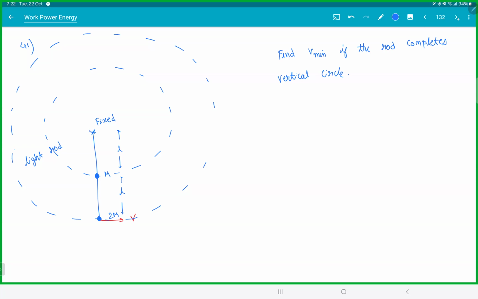We have a light rod and two particles of m and 2m are fixed. We have seen these kind of things multiple times already. You have given speed V to the 2m block at lowest position. To find that minimum speed so that this completes a vertical circle.